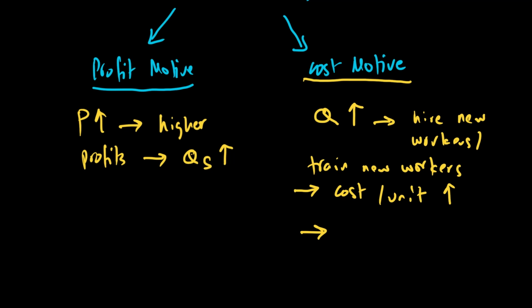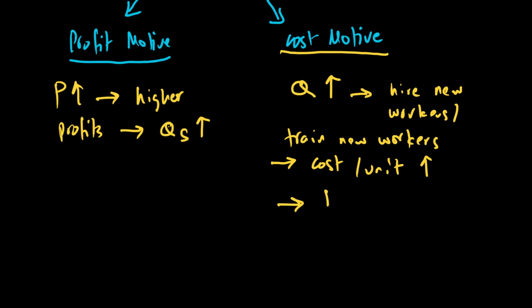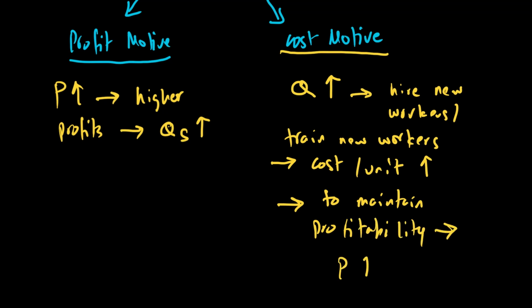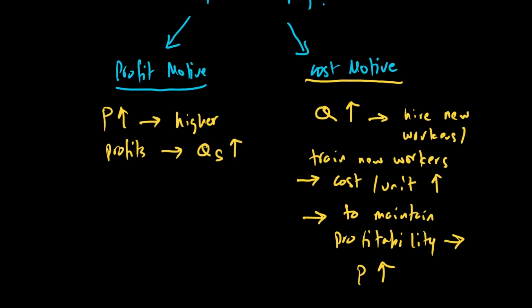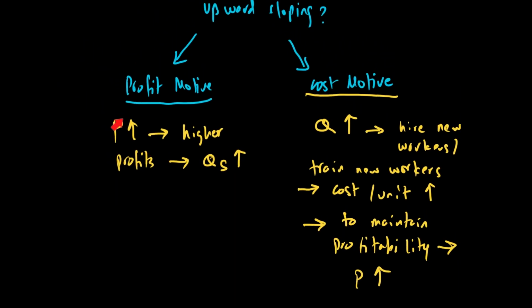So in order to maintain profitability, the firms may actually end up increasing price. So this is another way of looking at things, because here we were looking at how price went up, which made the profits go up, and that profits are encouraging for firms to produce more.